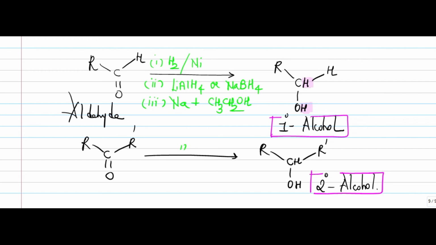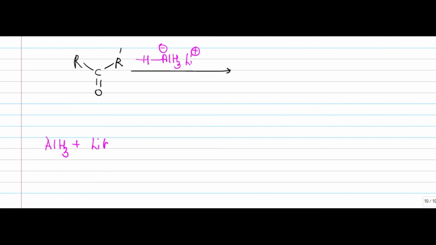I may even, as I've told you, give you some information about the mechanism. Let us understand that. If I take up any simple reaction like this, and I use lithium aluminium hydride, it can be written like this. It is basically aluminium hydride when treated with lithium hydride.